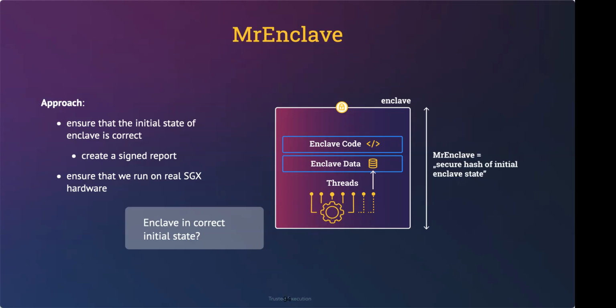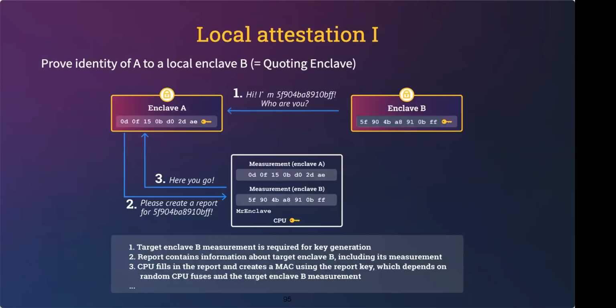So therefore, there is something like an initial hash of the enclave. Intel calls that MRENCLAVE. I pronounce it Mr. Enclave because it's just easier for me to pronounce. So Mr. Enclave is the hash value of the initial state of the enclave. Let's put it this way.